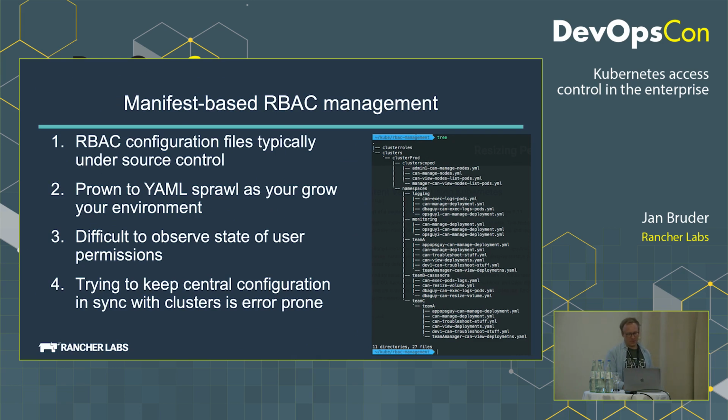So the more users, namespaces, and clusters you have, the more you will find yourself in a sea of YAML files. And besides the difficulty of knowing if the cluster state matches those files, it's also difficult to tell what kind of permissions or policies these files actually configure.